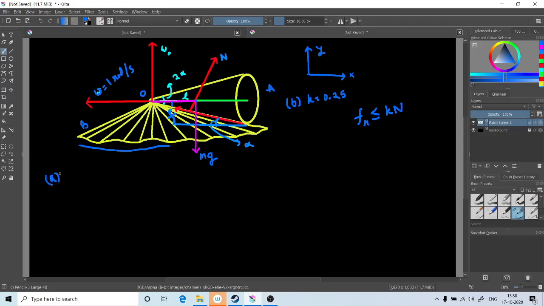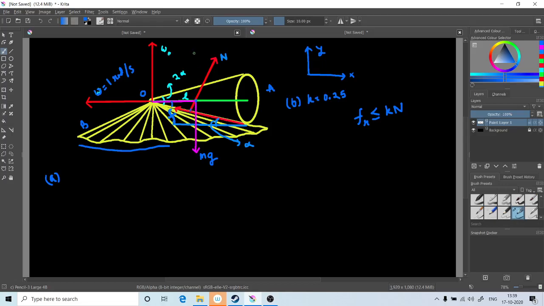A. First of all, let us equate the forces. This is the free body diagram where this is the normal, this is the weight, this is the center of gravity of the cone, and this is the static friction.